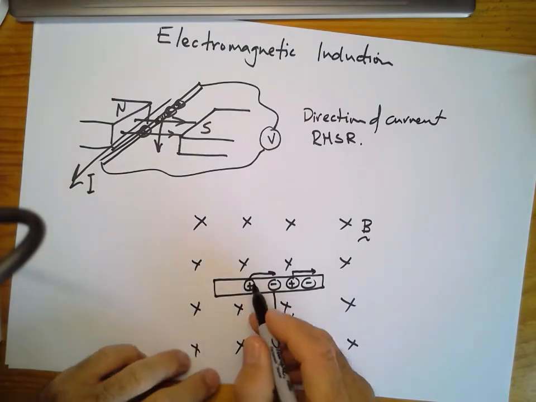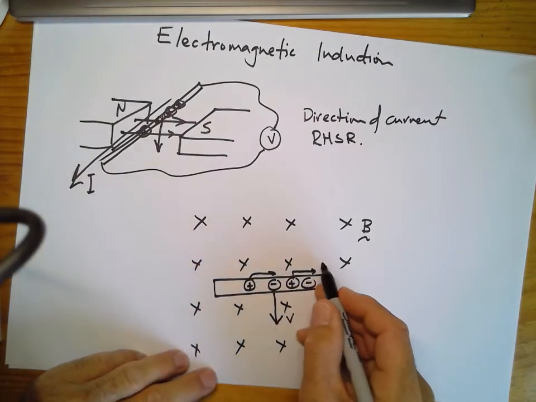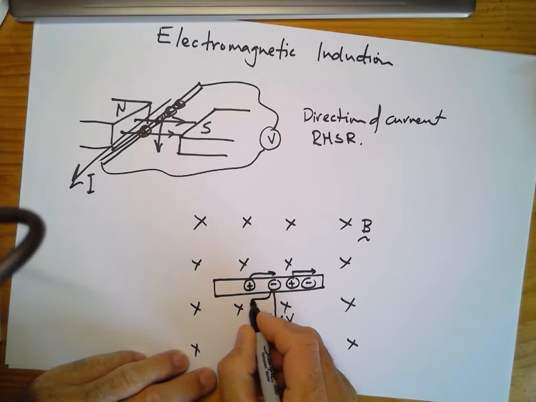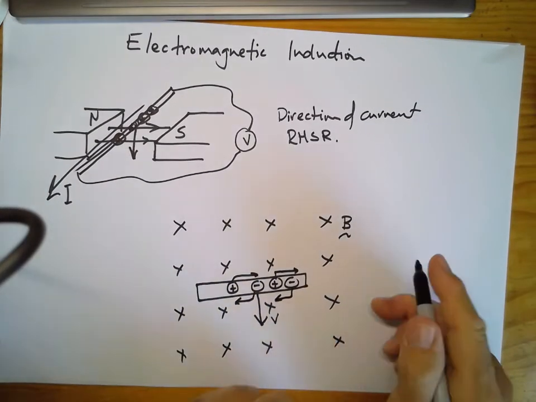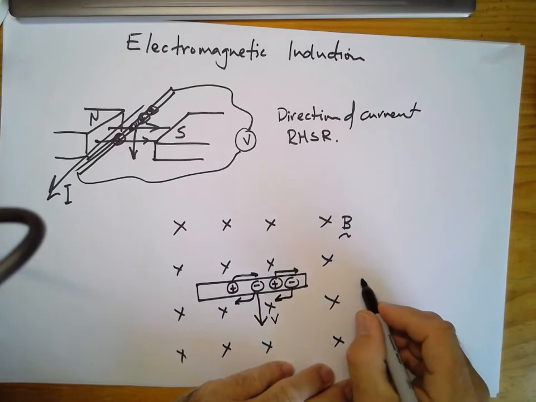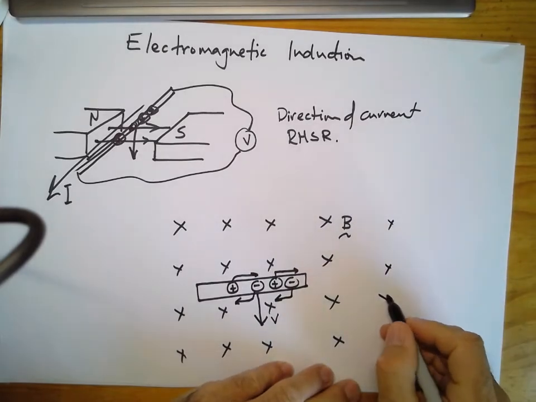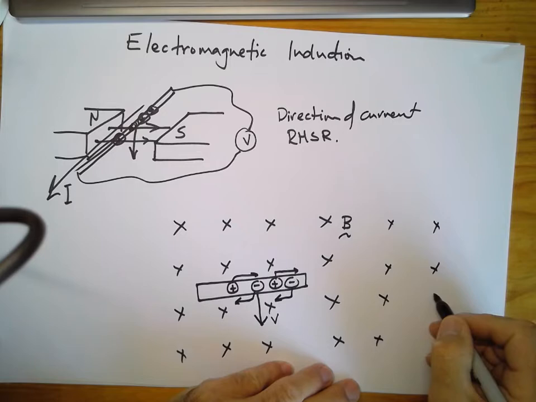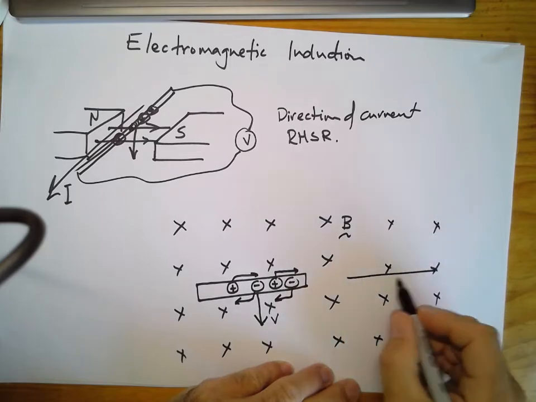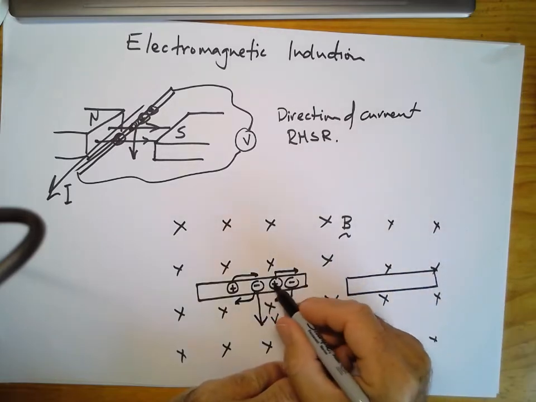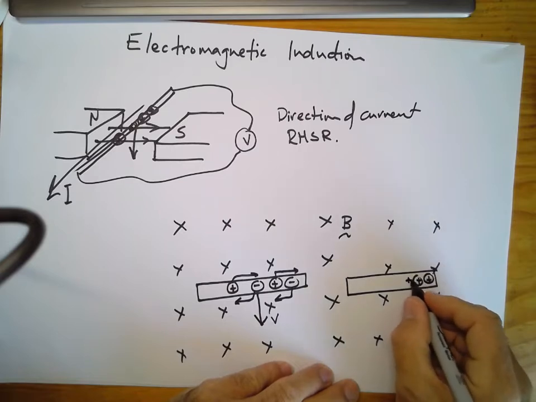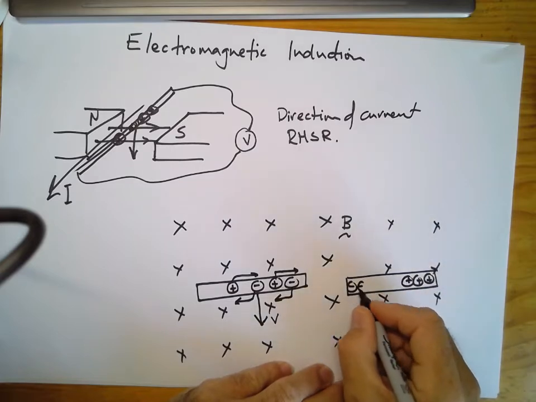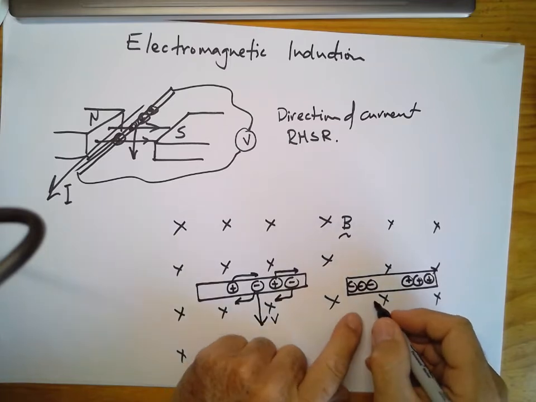So just as the positive particles are experiencing a force to the right, the negative particles are experiencing a force to the left. If we extend our magnetic field here, that will give us a situation where the positive particles have migrated to the right end and the negative particles to the left end.